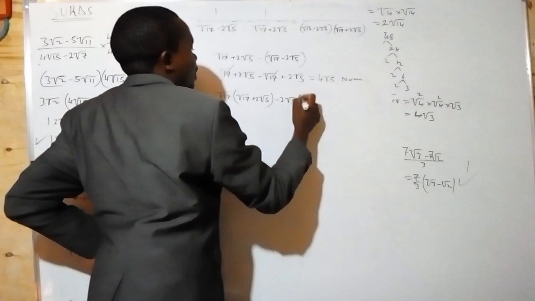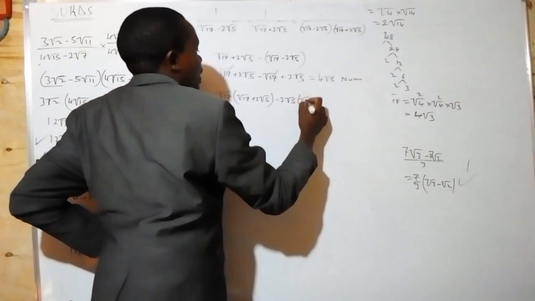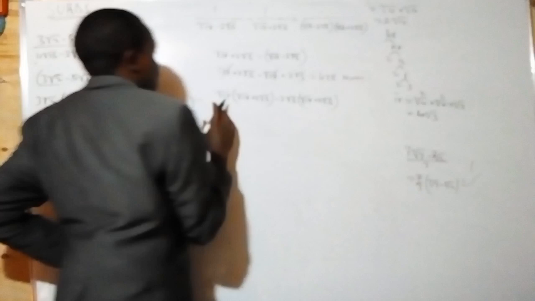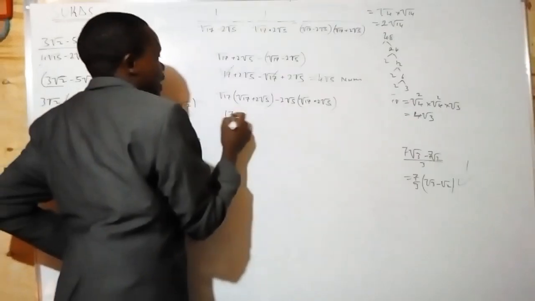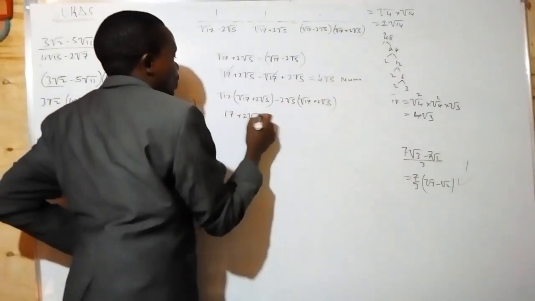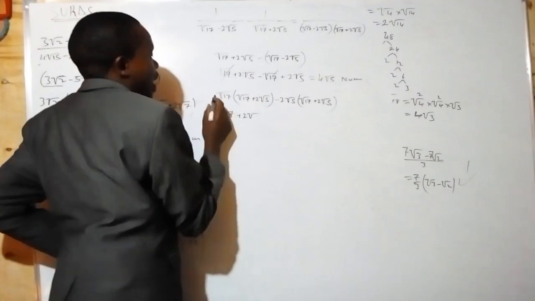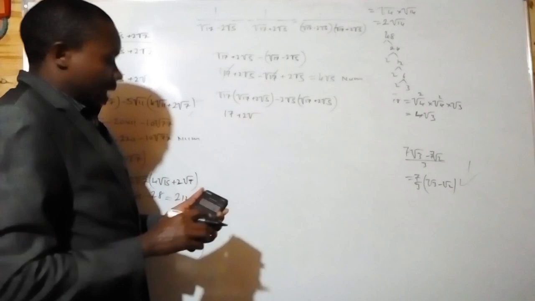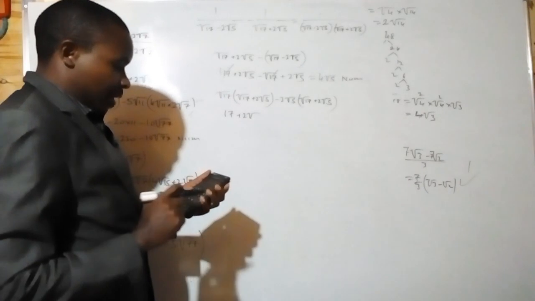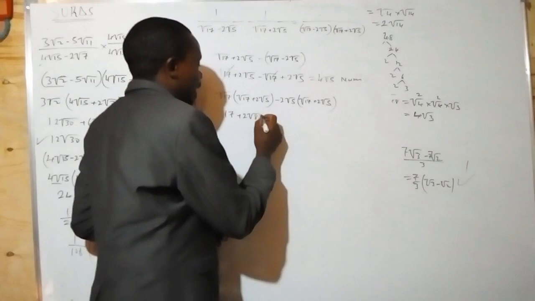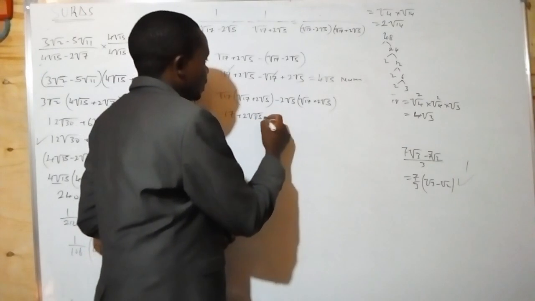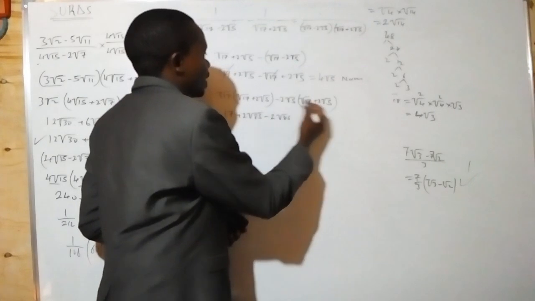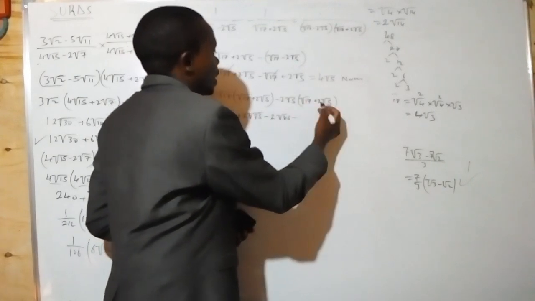We expand root 17 times root 17, 17, plus 2 root 85, then minus 2 root 85, here the same, negative, positive, negative, 2 times 2, it's 4, root 5 times root 5 is 5, 5 times 4, 20.